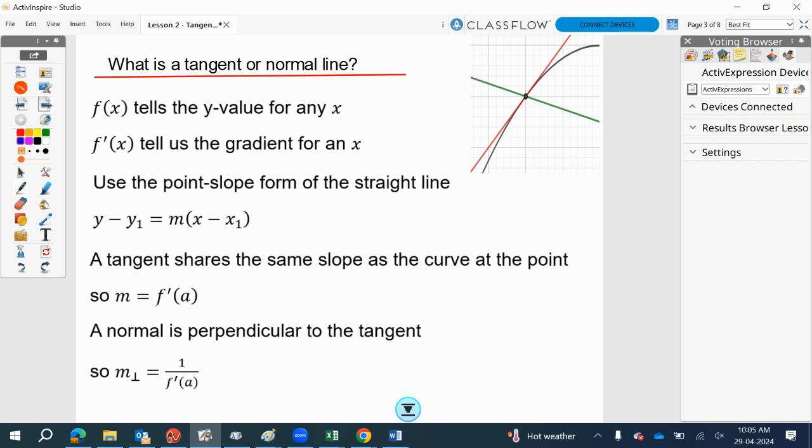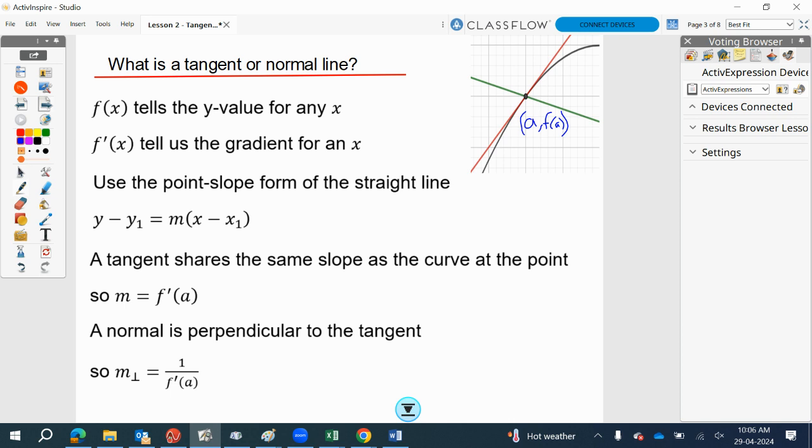This marked point is the point of tangency, with an x coordinate of some value like a. We can find the y value at that point with f of a. The y value for any x is given by the function.